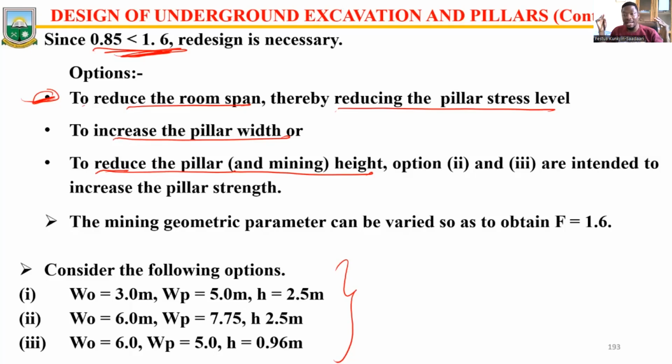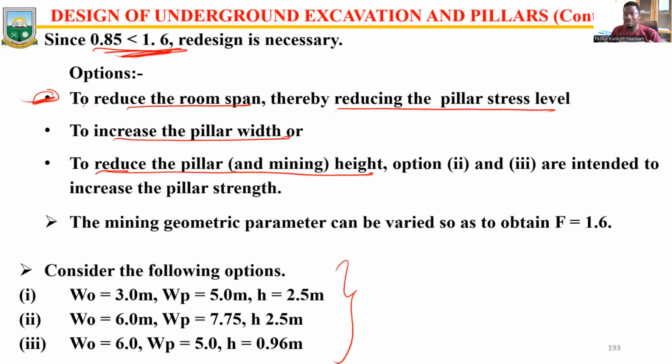Because I think you can't just vary those anyhow, because you may be using equipment, isn't it? You may even want to consider the height of men in there. If you have some Goliaths who may be working there, their height. So you have to consider all these factors. You'll be using ventilation tubes in the stope. So the height should be such that when you have all these things in there, you still have enough room to work.